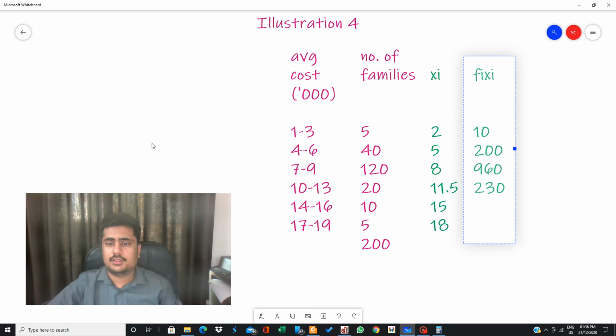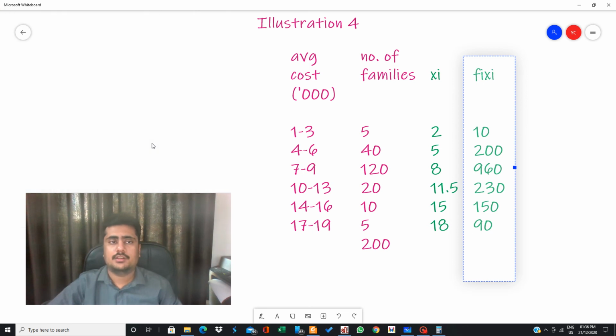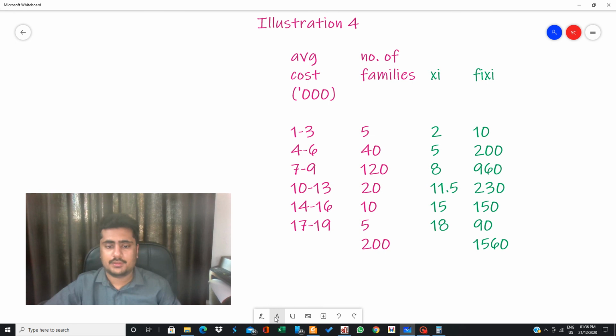Then 10 into 15, 150. And 18 into 5, 90. So 10, 200, 960, 230, 150, and 90. So it's 1560.